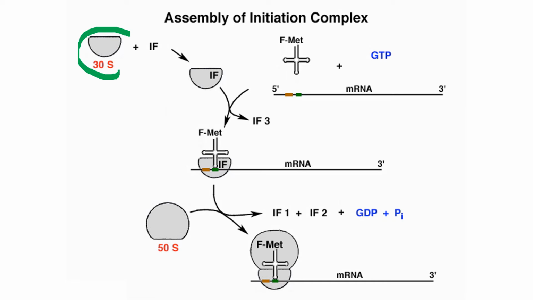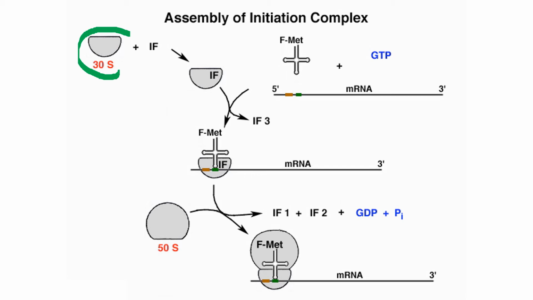So the 30S subunit binds specifically to the Shine-Dalgarno sequence, and that is shown in red, near the 5' end of the mRNA transcript.